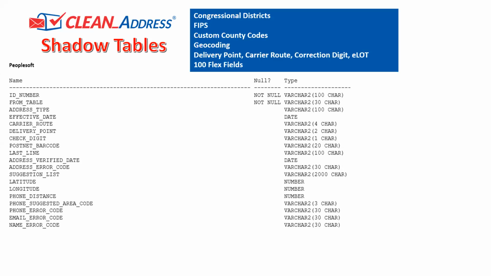In some cases, Banner 9, for instance, has a number of flex fields available that you can even customize to put whatever you want in the shadow table, but earlier versions of Banner may not have the flex fields available for all of the fields that you want to use.